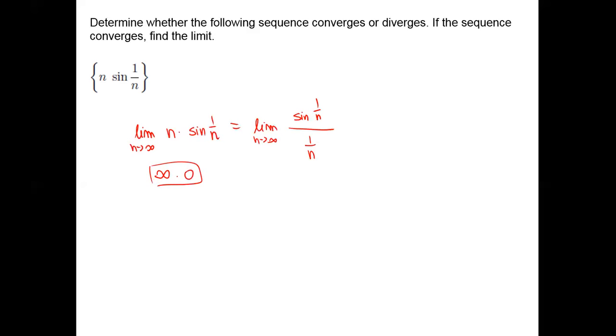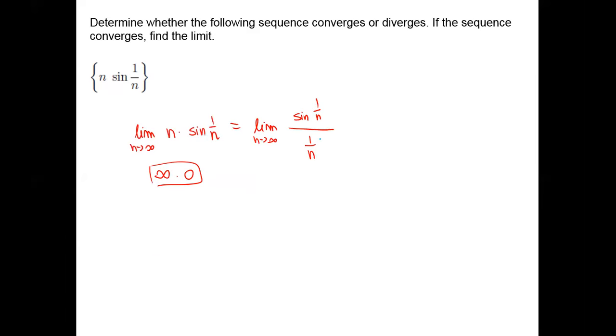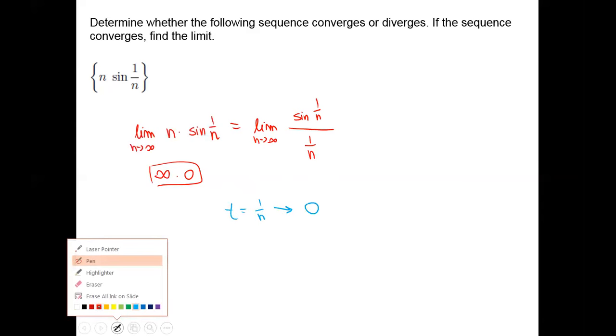And I nicely see that I can apply the L'Hopital rule, but also I can name 1 over n, t, okay? Let me write, 1 over n is t, but as n goes to infinity, this goes to 0. Okay, t goes to 0.